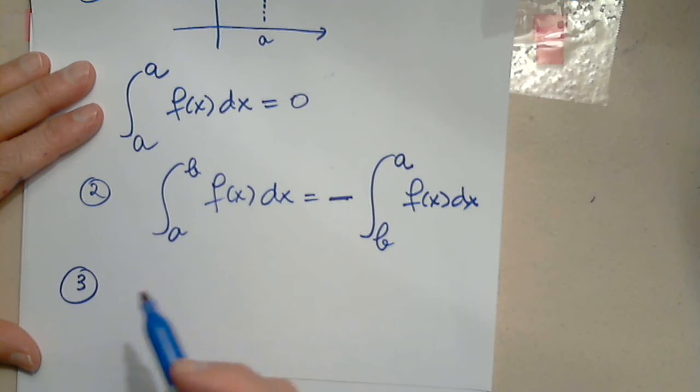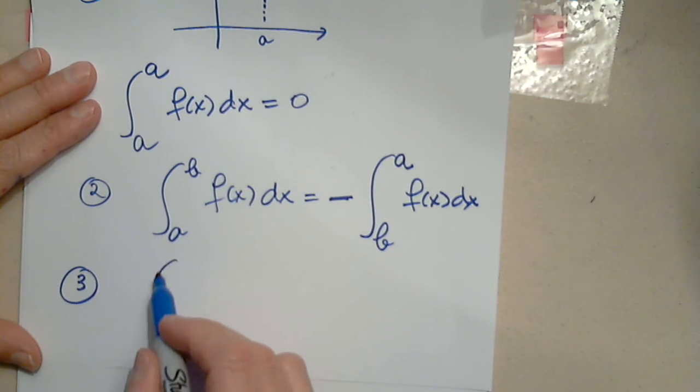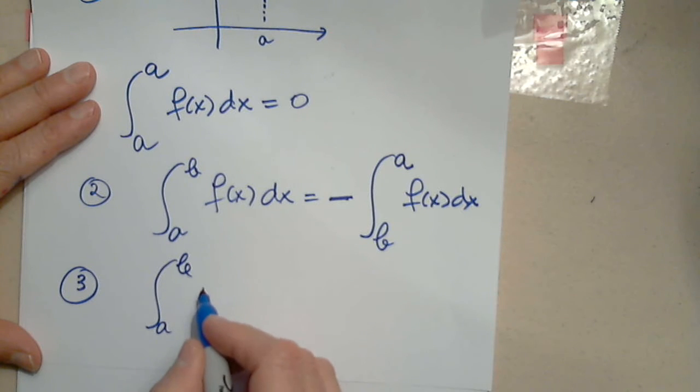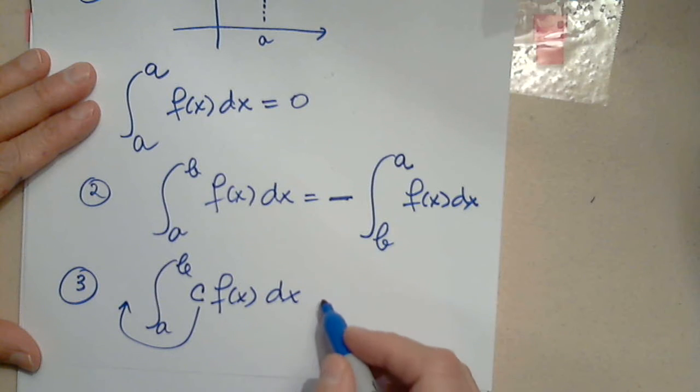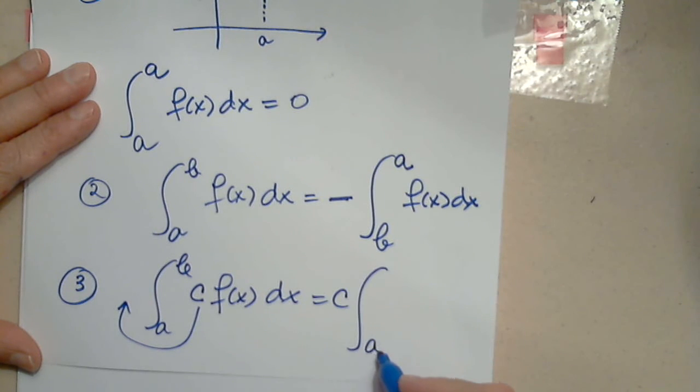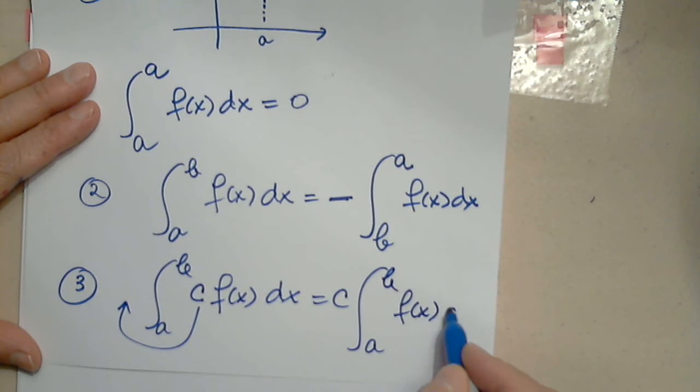Next property. We already used it. So the integral from a to b from a constant times a function dx, of course, the constant times the integral from a to b from f of x dx.